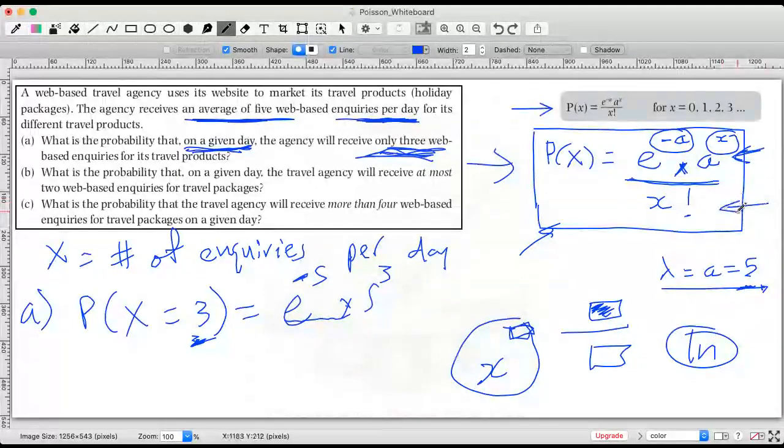Now we need to enter the denominator. So it's x factorial, where your x value is 3. The exclamation mark is factorial. I'll show you how to input it in your calculator. Once you move your cursor down to the bottom, if you want that exclamation mark, everyone should see it.